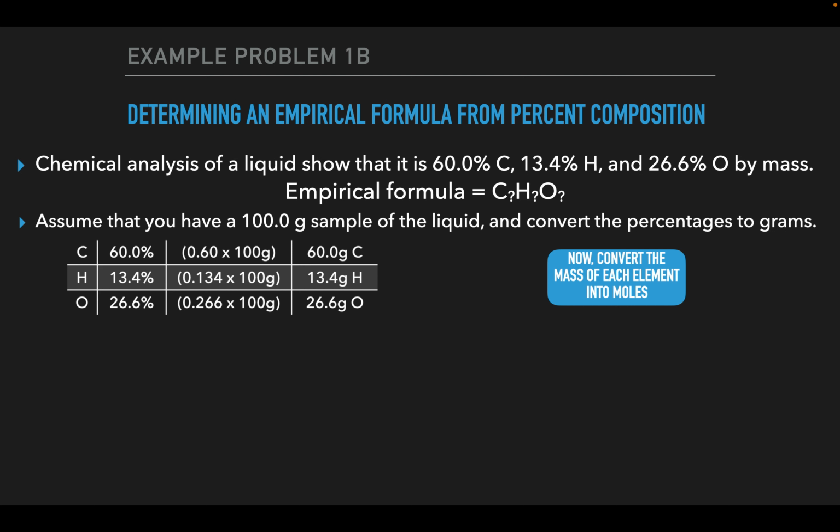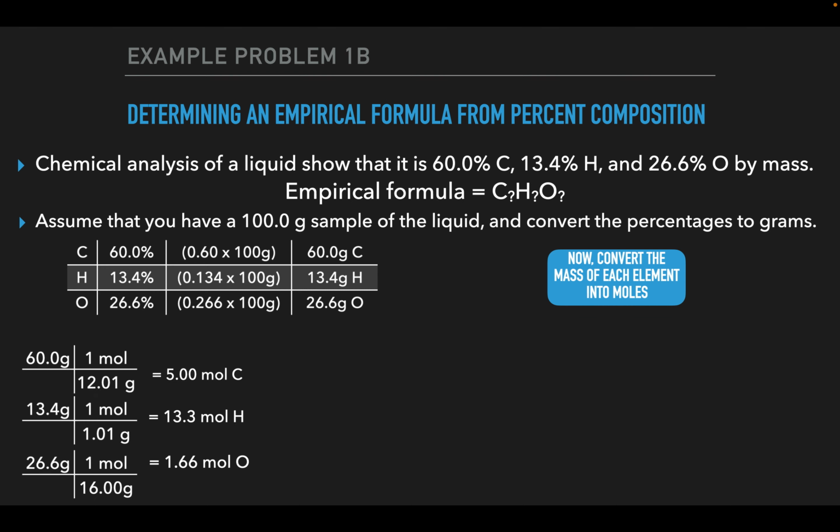So 60 grams of carbon equals how many moles of carbon? 13.4 grams of hydrogen equals how many moles? We've done those calculations before. Let me just remind you. According to the periodic table, let me draw it up here for you since you probably don't have it.